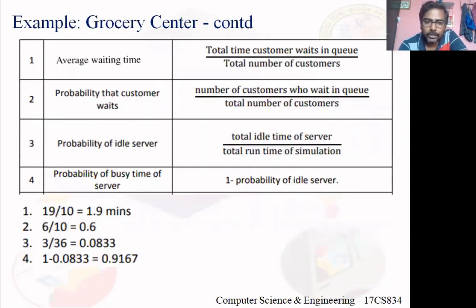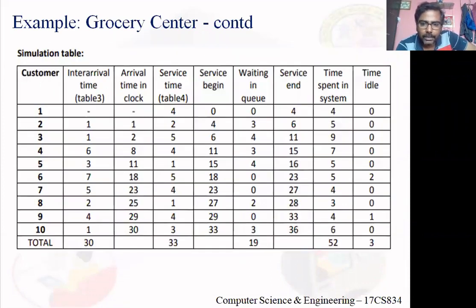Let me rectify, sorry, it's not 52. Look at the third column, service end. The last customer's service ends at 36, meaning I have simulated until the clock reached 36. So the total runtime is 36.